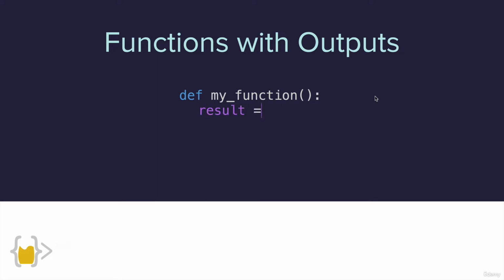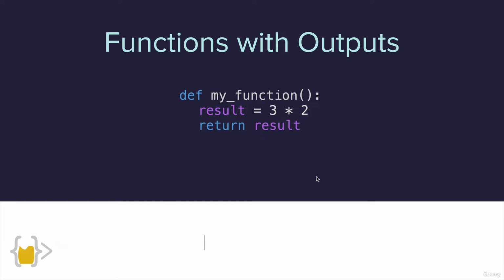And within the body of the function, I'm going to do some piece of calculation. Let's say I'm going to calculate what is 3 times 2 and then save it to a variable called result. Now, once that's done, I can use the output keyword, which is return. And then after that keyword, I can put whatever it is I want to be the output of this function. So in this case, the output is the result.